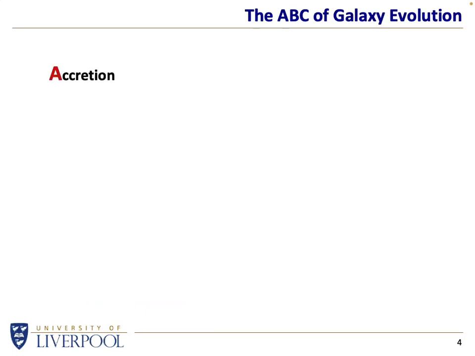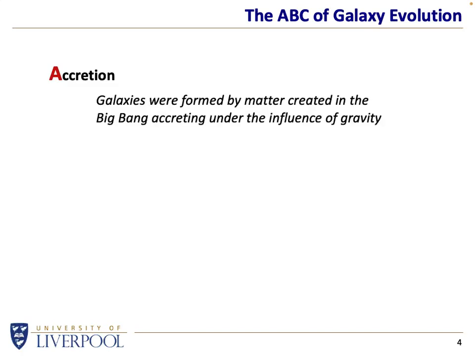So I'm going to be talking about the ABC, and I would argue that you can reduce most of what we need to understand about galaxies. Probably a lot of astrophysicists would disagree, but I would say you can reduce a lot of what you need to know down to the ABC. The A stands for accretion, which means that galaxies were formed in the very early universe by matter accreting. The Big Bang created a shed load of hydrogen.